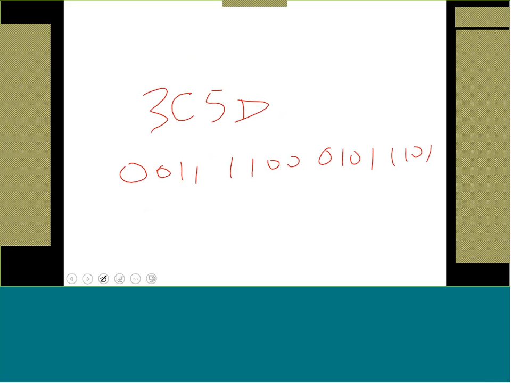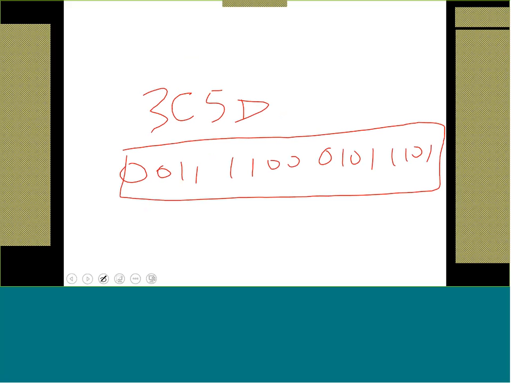Remember, hex is 0 through 9, A through F. So it's actually easier to convert hex to binary than it is decimal to binary, because you just look at each hex character individually. Does that make sense? So writing an address in hex, actually, it's not that bad.